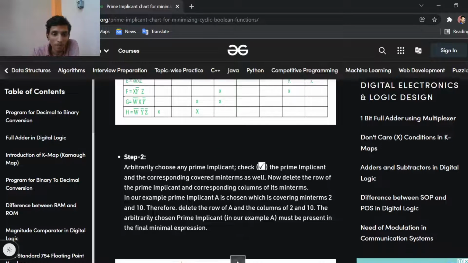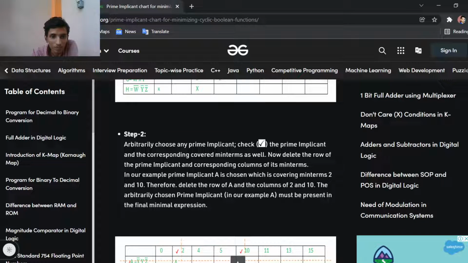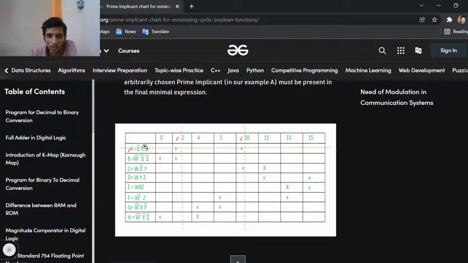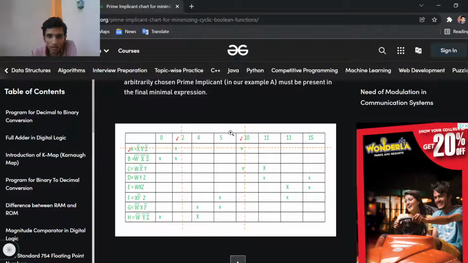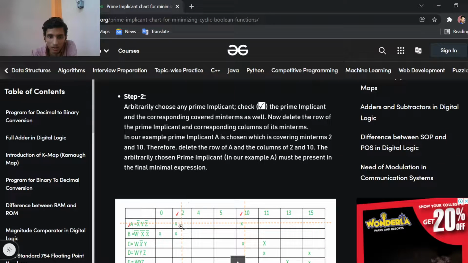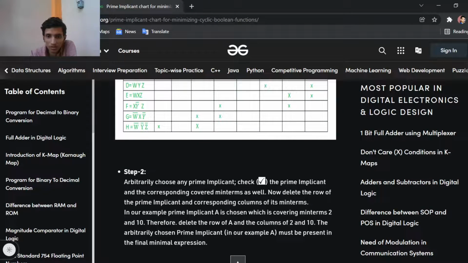Step 2 would be, arbitrarily choose any prime implicant, check the prime implicant and the corresponding covered minterms as well. Now delete the row of the prime implicant and the corresponding columns of its minterms, like it has been shown. You have to check that and delete the rows and columns that it is covering.